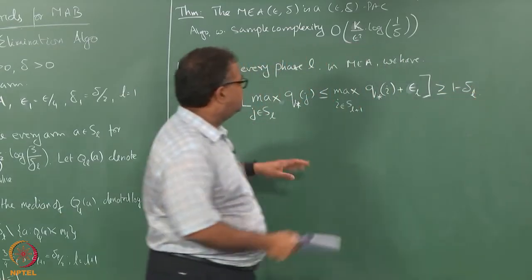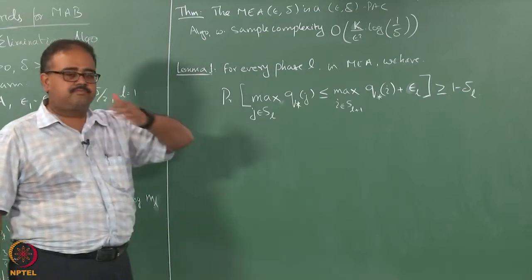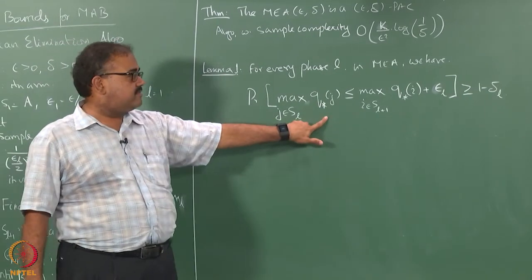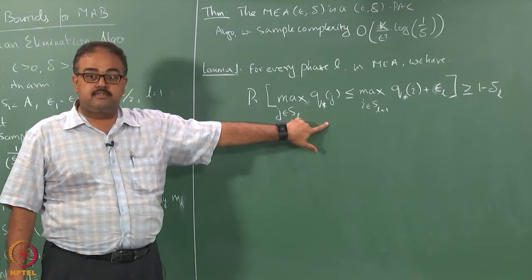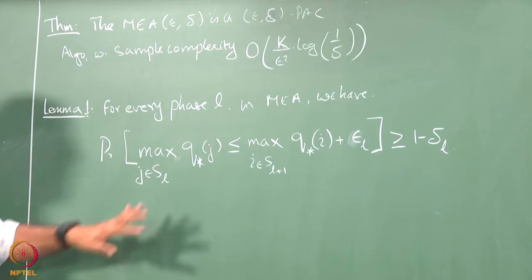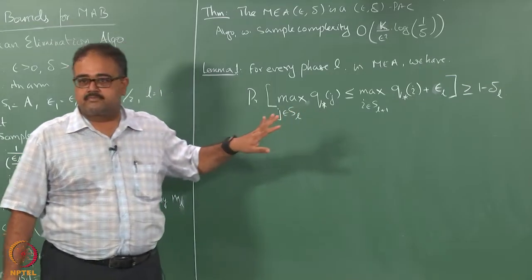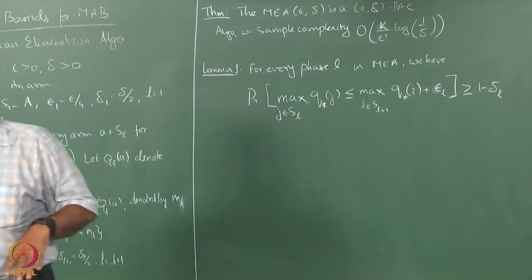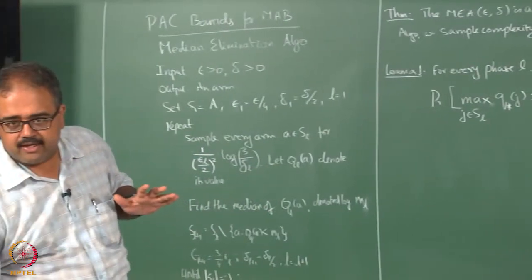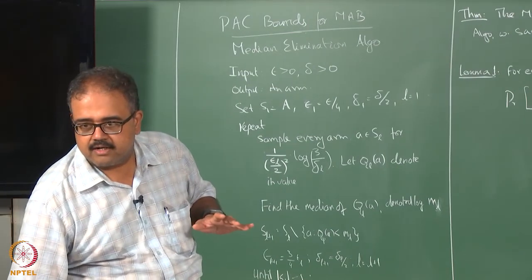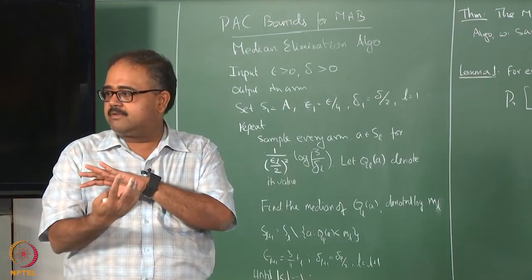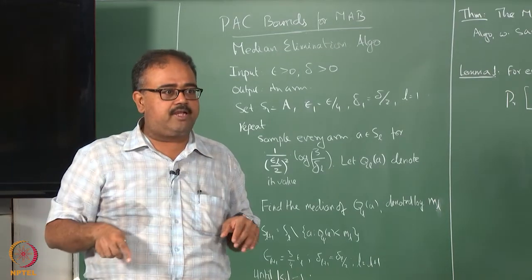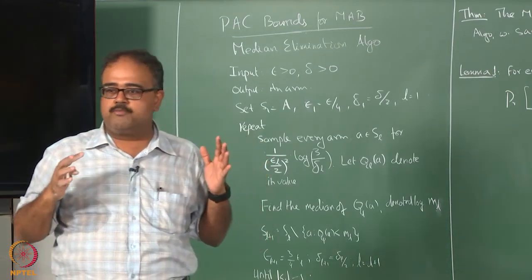Okay, so this requires a little bit of thought. So what is this? This is the true best arm at level L, right. So at level 1 I would expect this to be A star, right. I am not talking about the capital Q, I am talking about Q stars here, the true best arm.